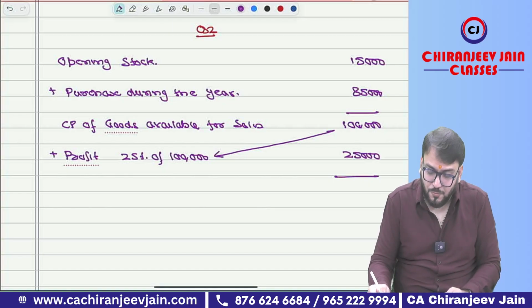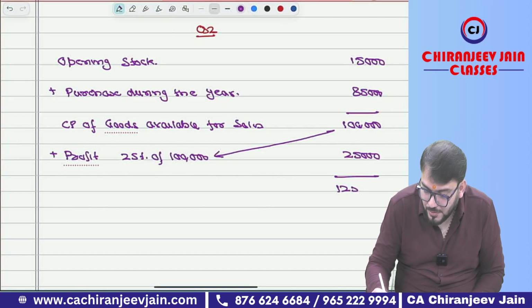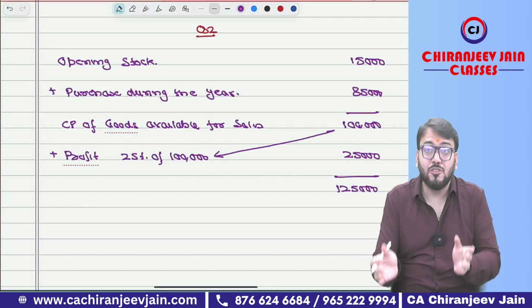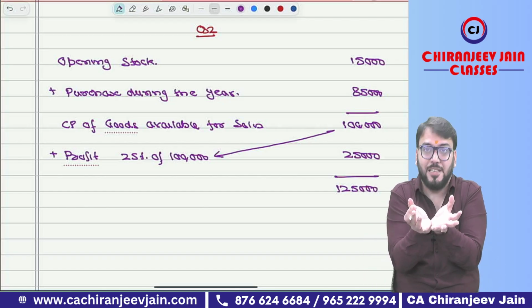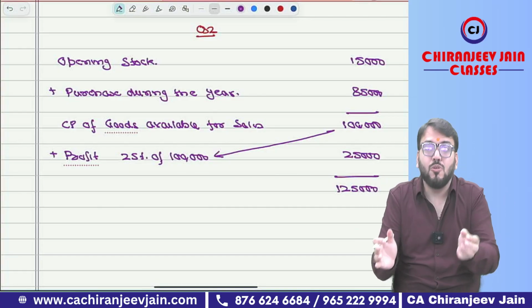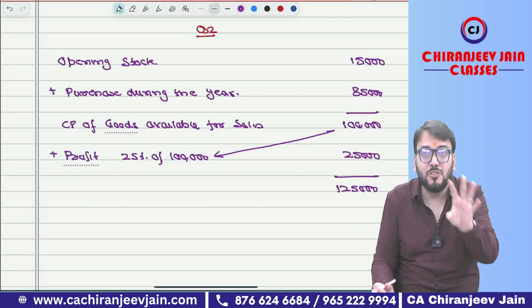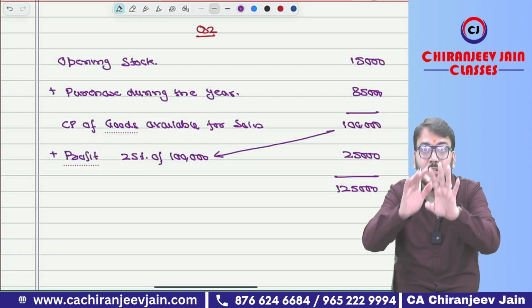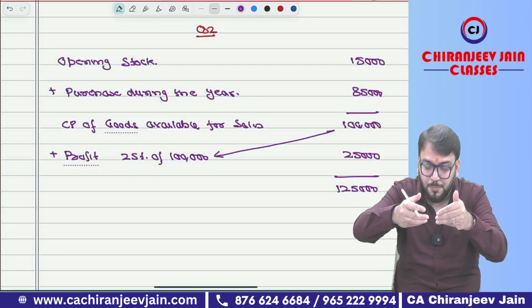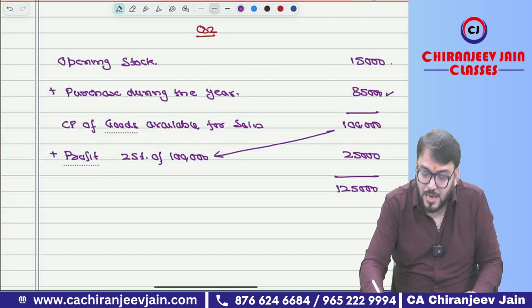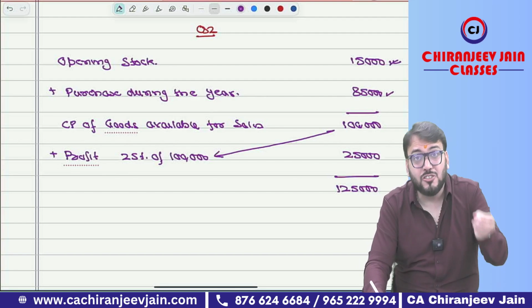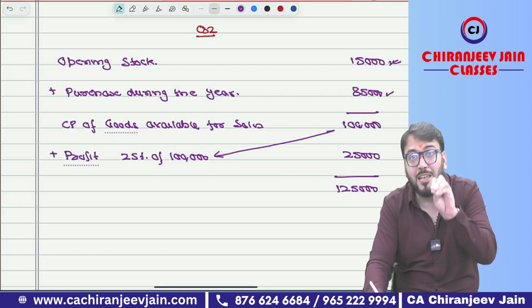So 1,25,000 is the sale price of total goods available for sale. Means you purchased 85,000 and already have 15,000; this total can be sold at rupees 1,25,000.